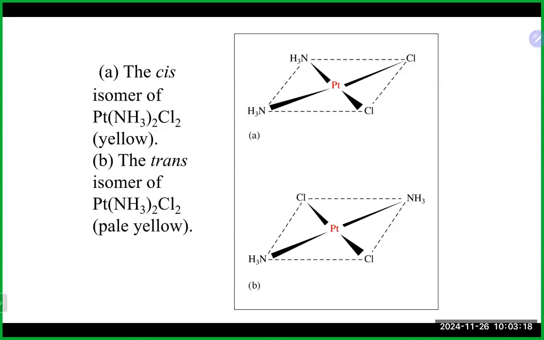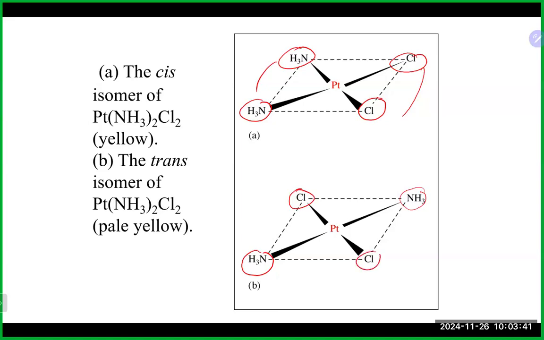And if we look at the top one here, this is the cis. So you could think of these two guys as being on the same side of the plane there, and the chlorides also as being on the same side of each other, and that's going to be cis. Here on the bottom is trans, which means opposite. So you can see the ammonias are on opposite sides here of our square.